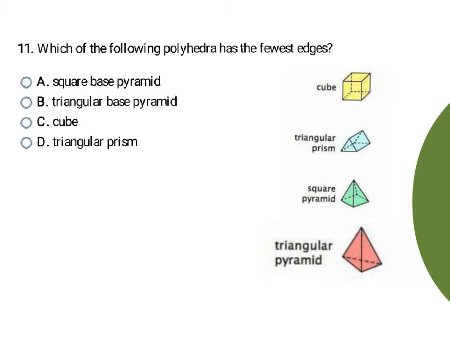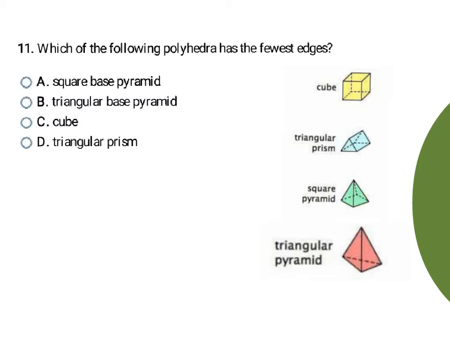So I need to be able to picture in my head or draw sketches of the fact that a square-based pyramid is a square with 4 triangles meeting at a corner, that a triangular-based pyramid is a triangle with 3 triangles meeting at a vertex, that a cube is 6 squares, and that a triangular prism is 2 triangles across from each other connected by rectangles. So then I just count up the edges.